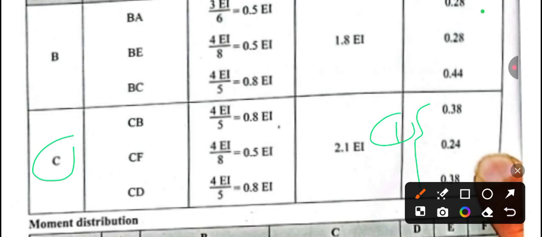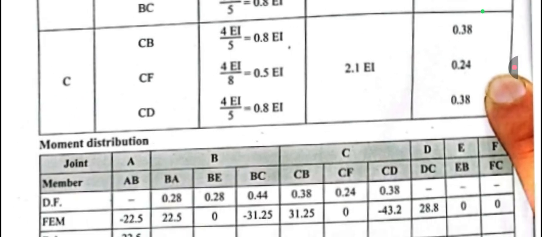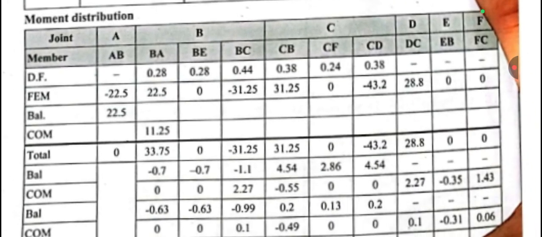Sum of the distribution factors at any joint, it does not matter how many members are connected at that joint, should be equal to 1. So if you sum these values, you get 1. And if you sum these also, you get 1. So from here you can also check whether your distribution factor is right or wrong.